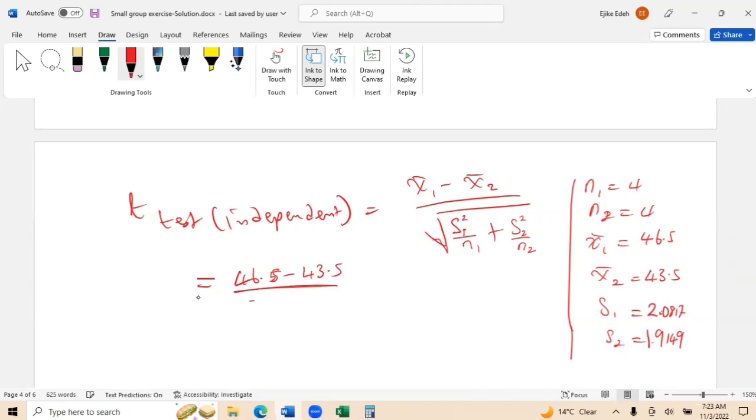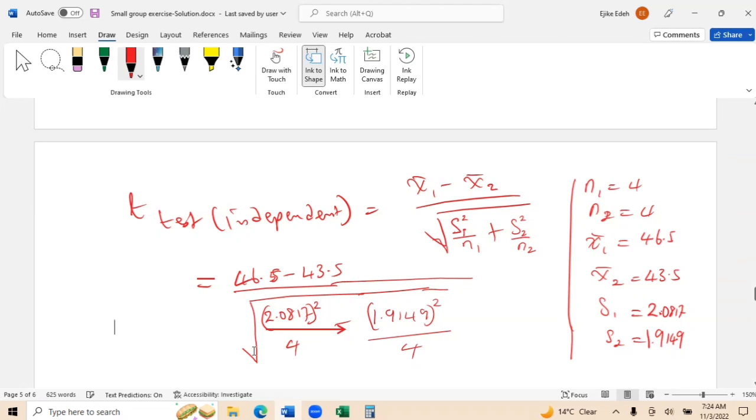So this will be our numerator, divided by, so we're going to pick up S1, which is 2.0817 all raised to the power of 2 divided by sample size, which is 4, plus 1.9149 all squared divided by sample size again, which is 4.